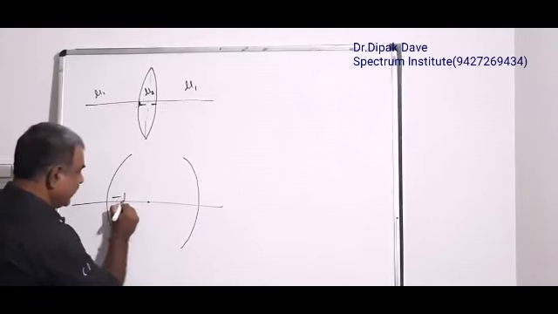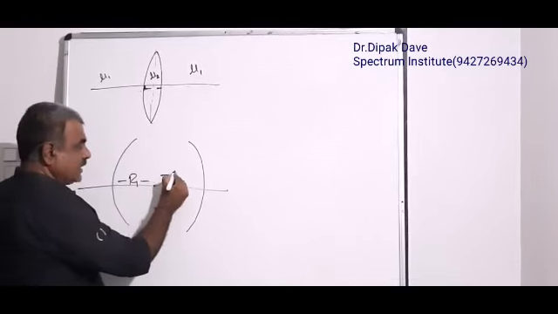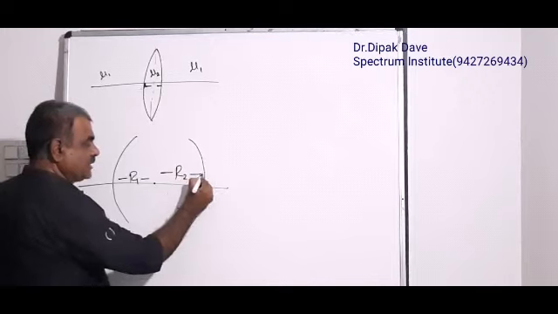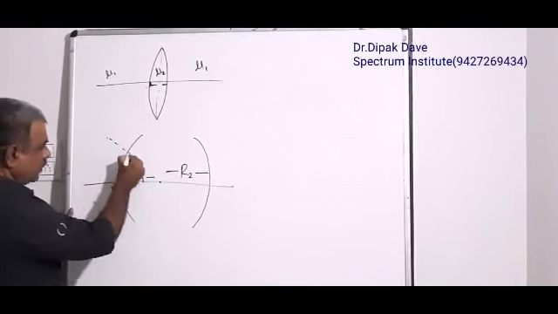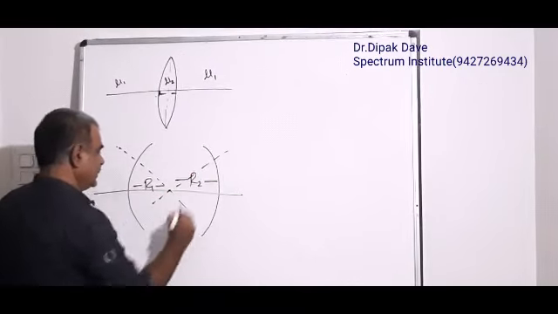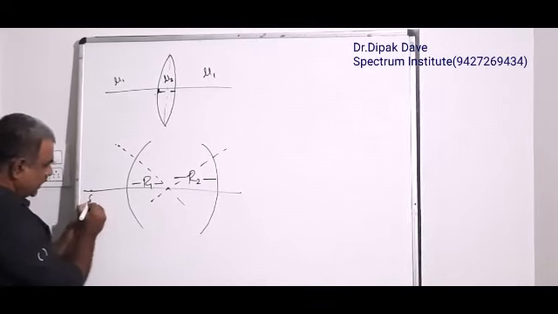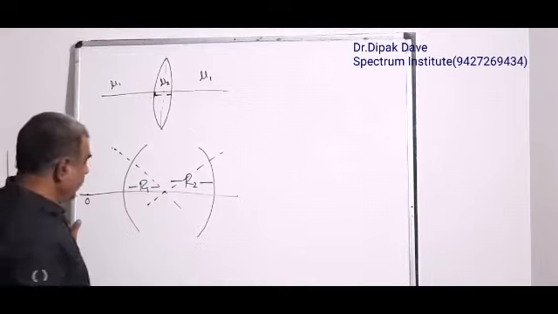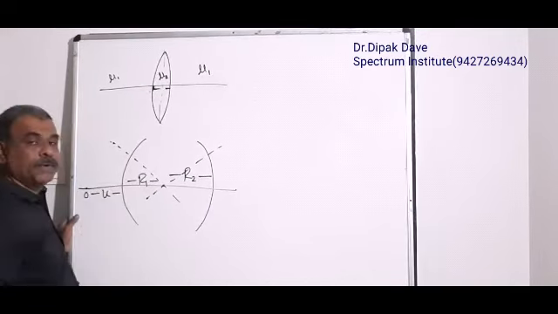One surface has radius of curvature R1, the second surface has radius of curvature R2. These are normals to the surface. Now, a point-like object O is kept at a certain distance, let's say U, from the first surface.